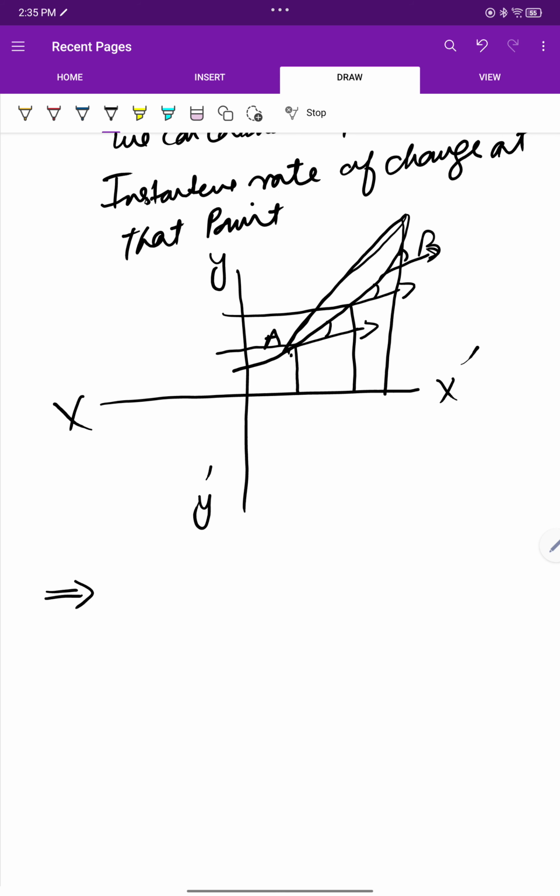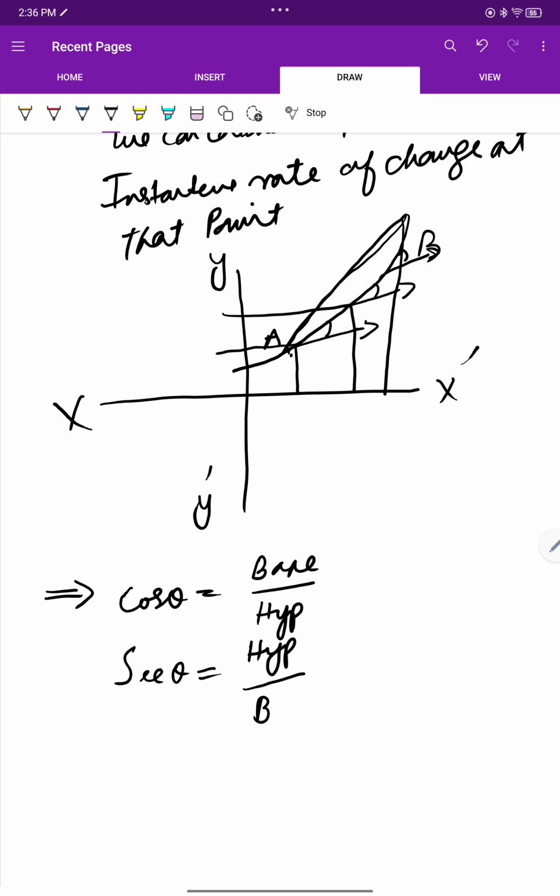So what is secant line? If you remember in trigonometry, cos theta is equal to base over hypotenuse, while secant theta is the reciprocal, so hypotenuse by base.